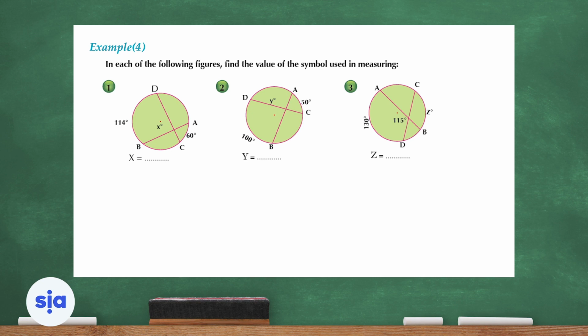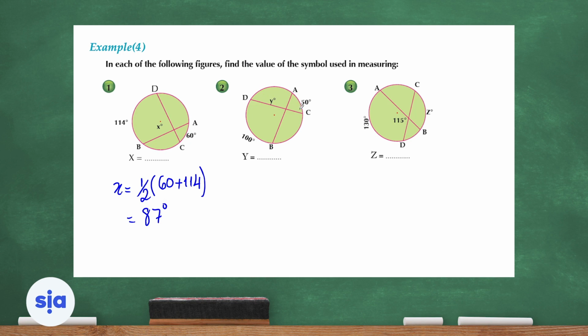So in this case, x equals half of 60 plus 114. x is half arc AC plus arc BD. So x equals 87 degrees.